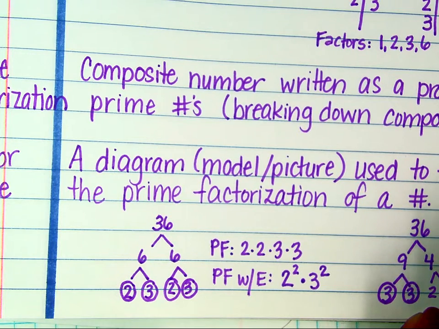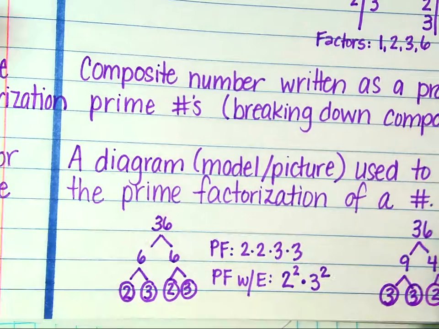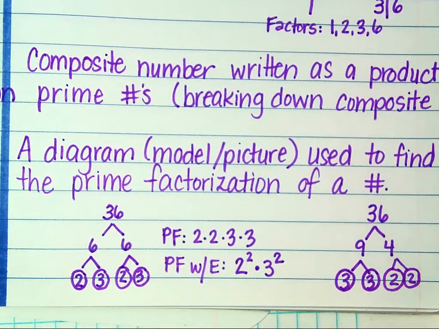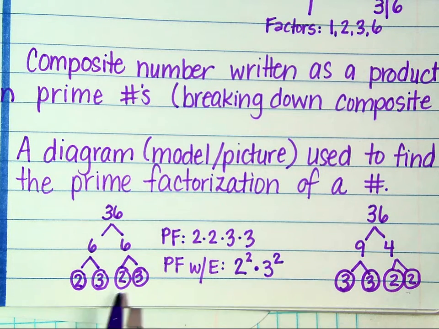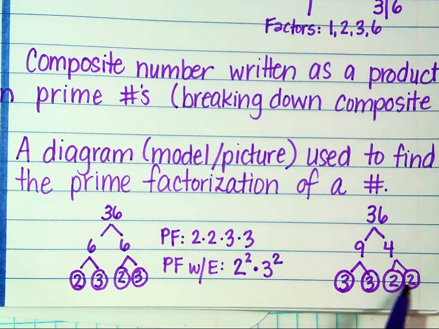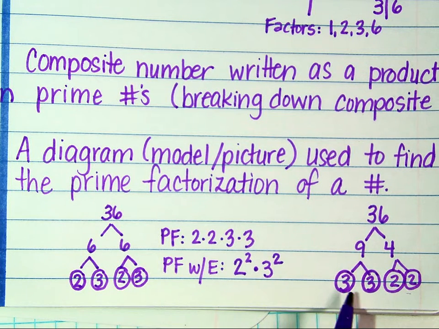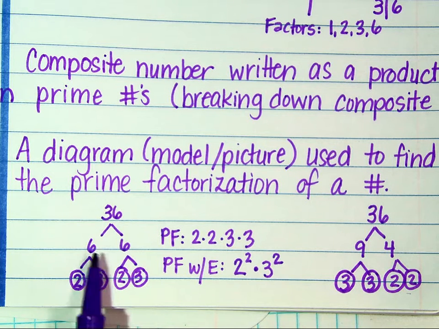But if you notice, look closely, the prime numbers are the same. I have 2 2's here, and I have 2 3's as well. And so the prime factorization is the same. So it doesn't matter what your initial factors are. When you finish breaking the number down, it should be the same.